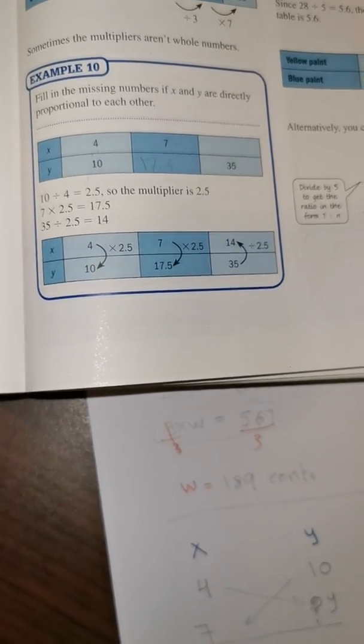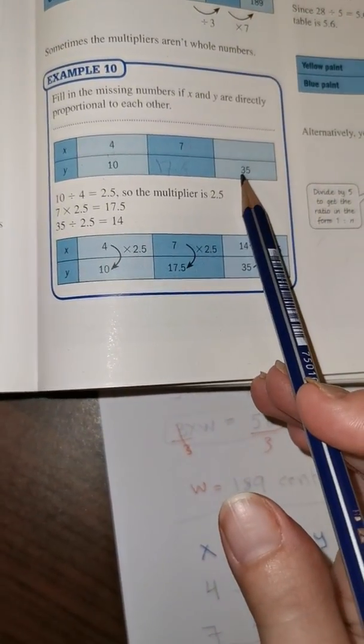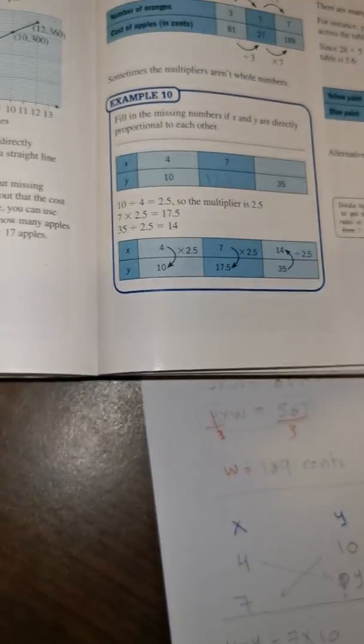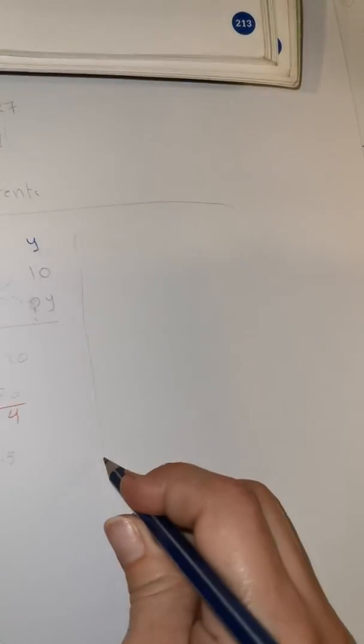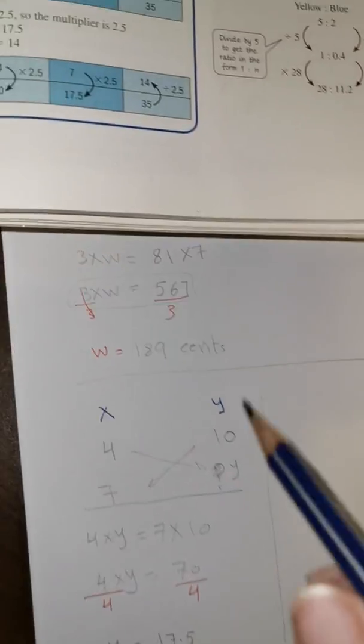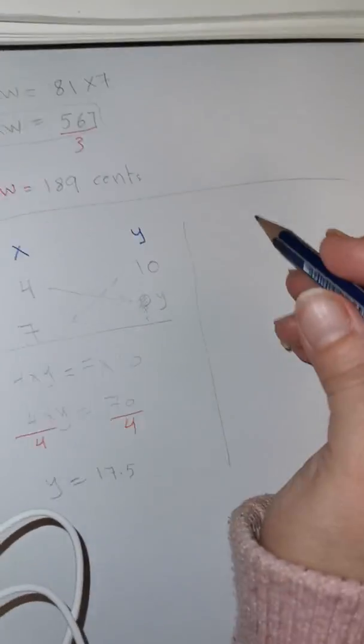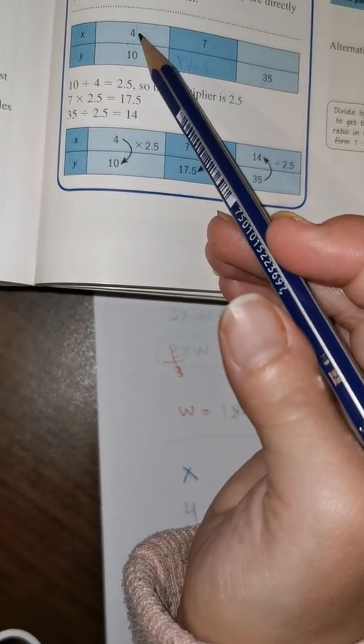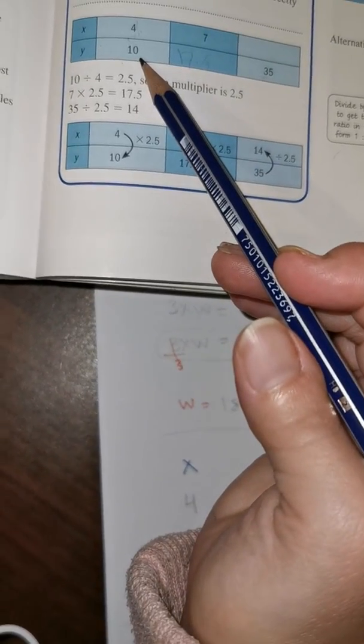Okay, we have the third way. If I have y equal to 35, what is the value of x? I'm telling you that if x equals 4 you will get y equals 10. Again, from the start: for x equals 4, y equals 10.